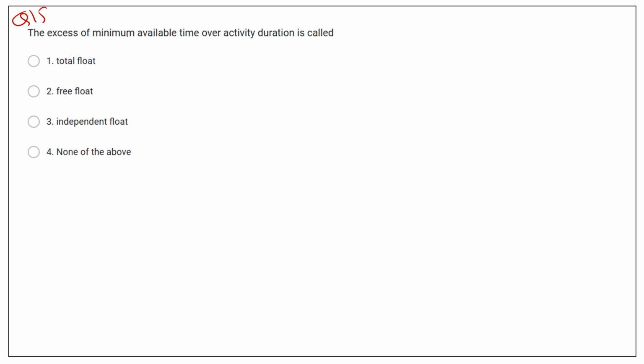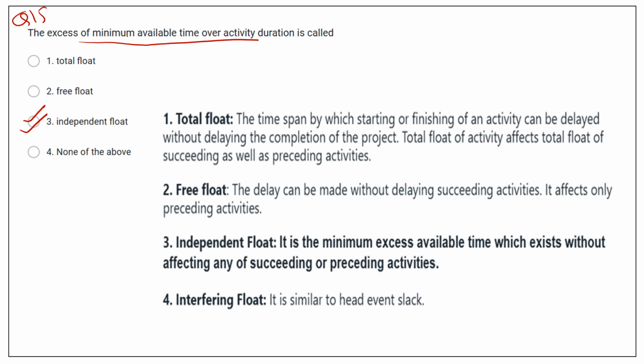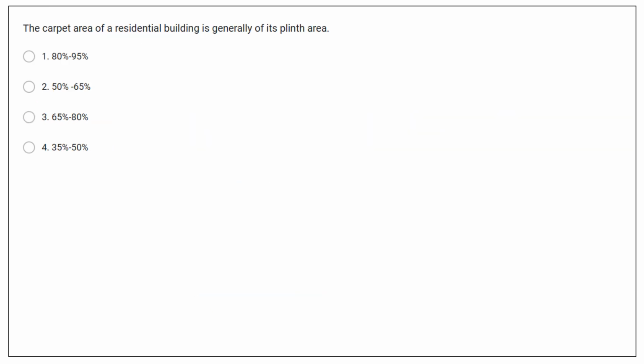The excess of minimum available time over activity duration is called independent float. Okay, so this is the information related to total float, free float, independent float and interfering float. So the excess of minimum available time is considered as independent float. The next question. Question number 16.